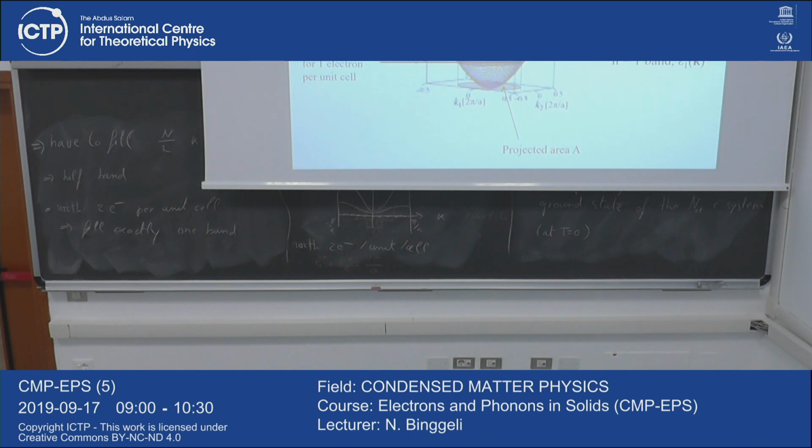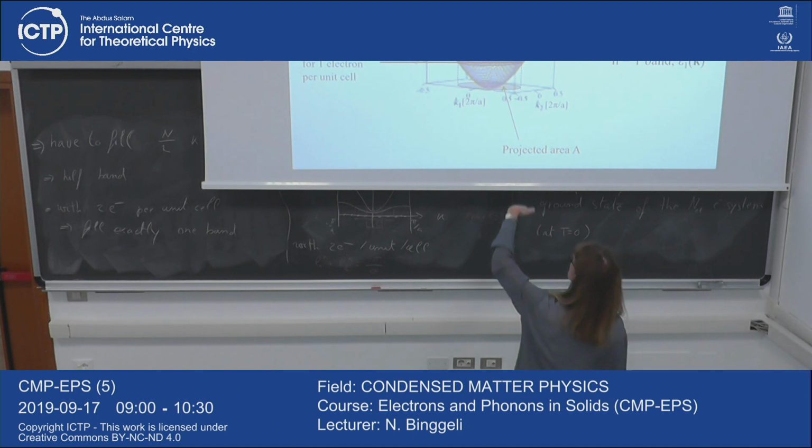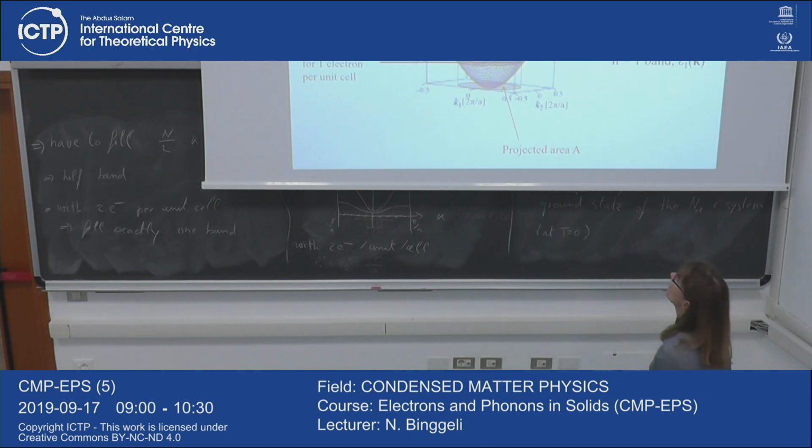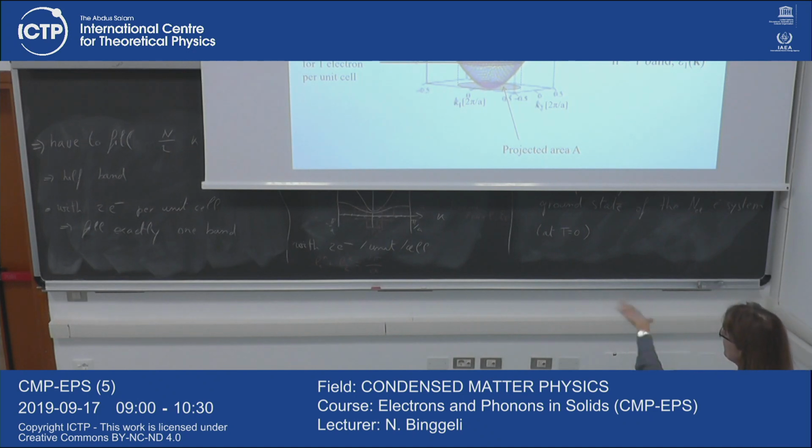So the condition for the Fermi energy with 1 electron per unit cell is that you have to have it at a position such that the projection of your band on the horizontal plane in K-space must be equal exactly to 1/2 the surface of the Brillouin zone.